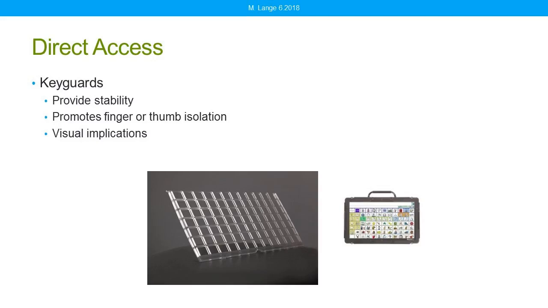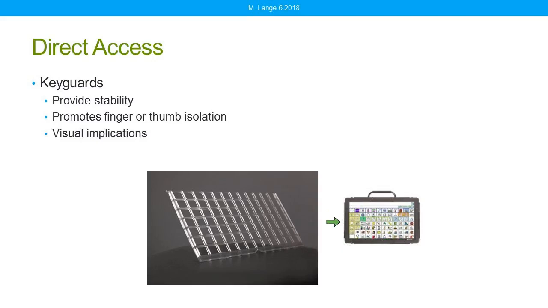Key guards are available for most speech-generating devices that are available on the market. These provide stability, promote finger and thumb isolation, and sometimes can be helpful, sometimes not, for vision. So the idea here is typically we have just an open display, and it's essential that the client can isolate a finger or a thumb to make a selection and that the rest of their hand doesn't accidentally brush the screen.